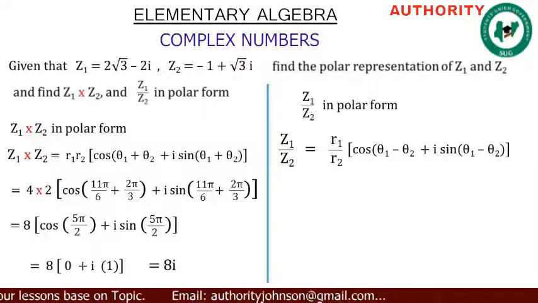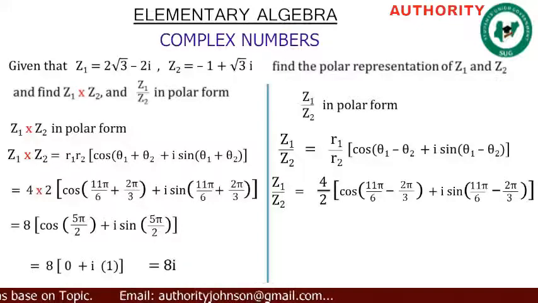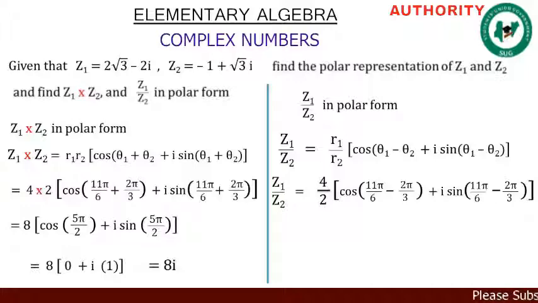Now we have z1 all over z2 equal to r1, which is 4, all over r2, which is 2, open bracket cos (theta 1, which is 11 all over 6 pi, minus theta 2, which is 2 all over 3 pi) close bracket plus i sine (11 all over 6 pi minus 2 all over 3 pi).